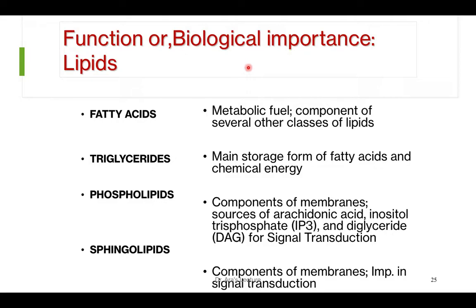Function or biological importance of lipids. Fatty acids: metabolic fuel, obviously they give us energy, and are components of several other classes of lipids. Triglyceride: main storage form of fatty acids and chemical energy. Phospholipid: components of membrane, we know that, and sources of arachidonic acid, inositol triphosphate (IP3), and diacylglycerol (DAG) for signal transduction.